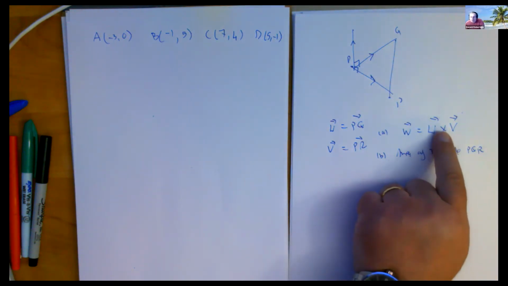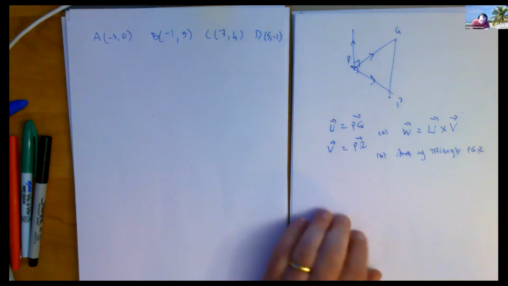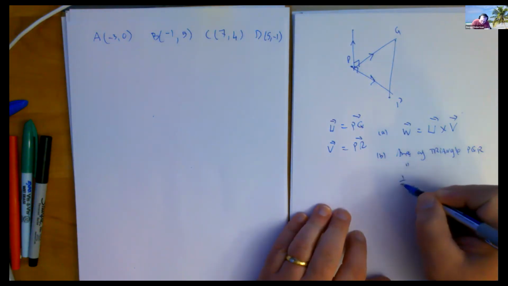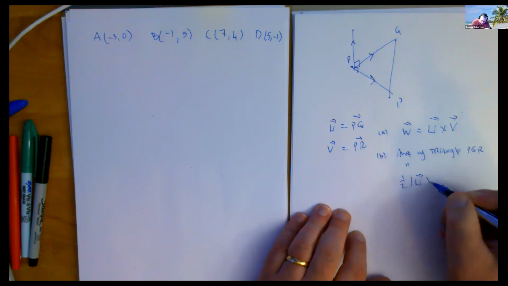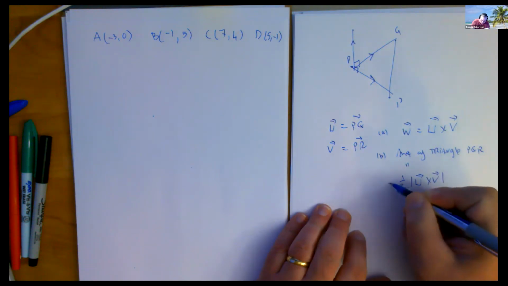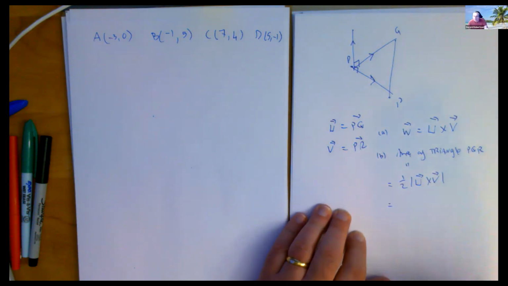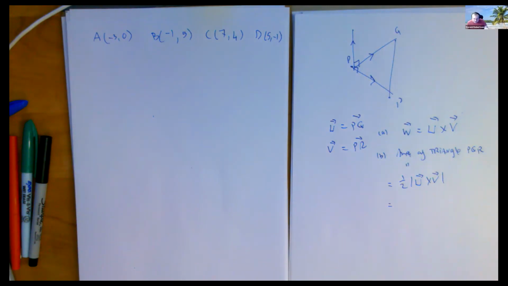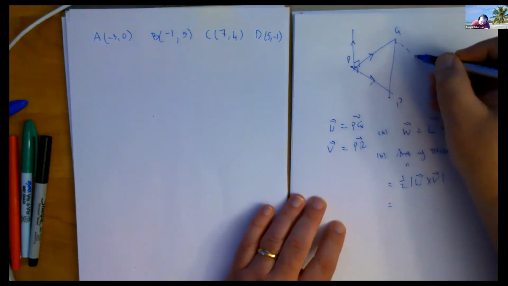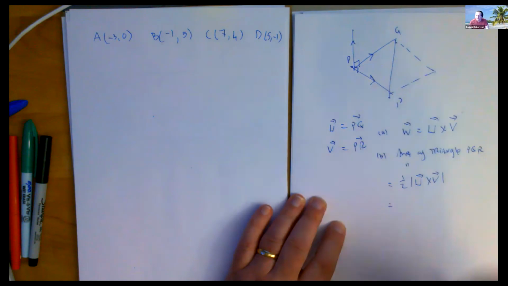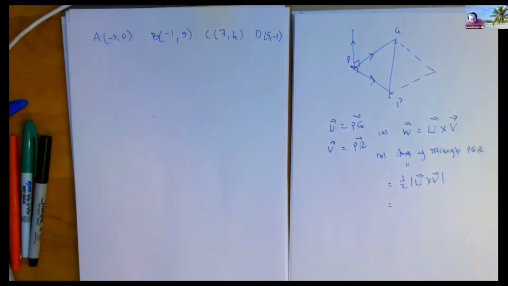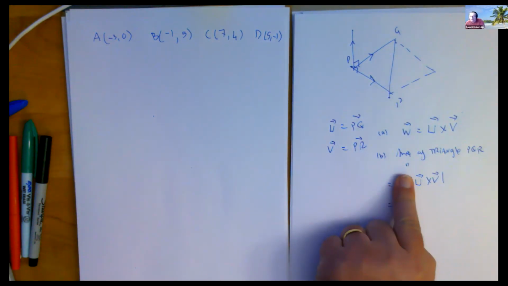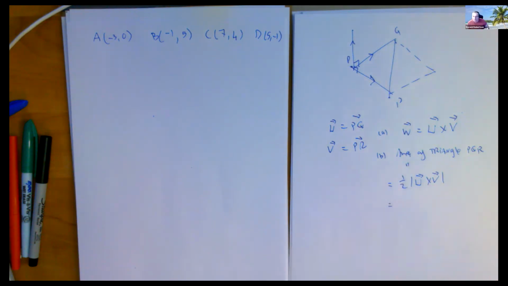Haven't we found the cross product in part A? Then won't the area of the triangle be half the magnitude of the cross product? If they wanted to know what the parallelogram was, then wouldn't it just be the magnitude of the cross product? But they want the triangle, so it's half that.